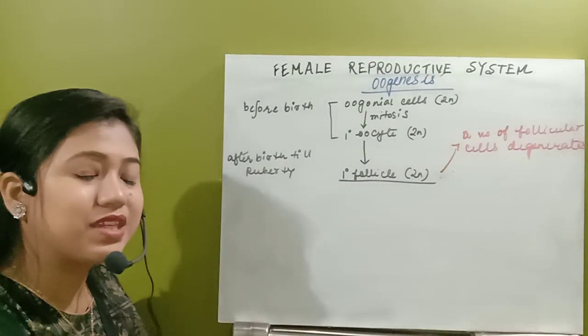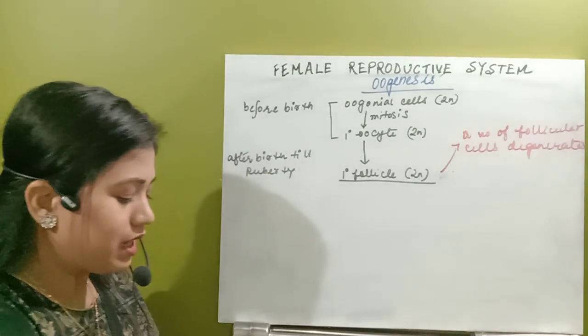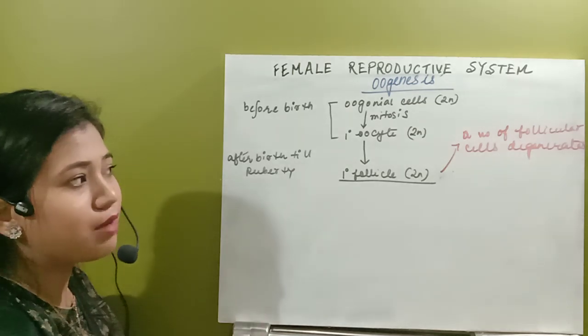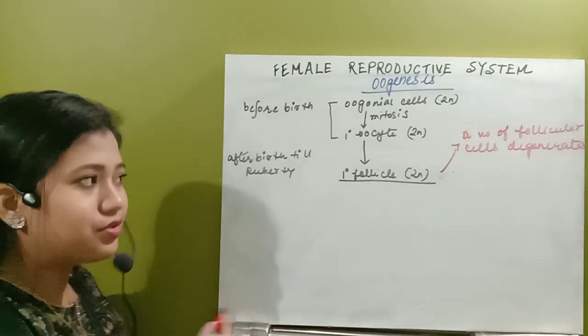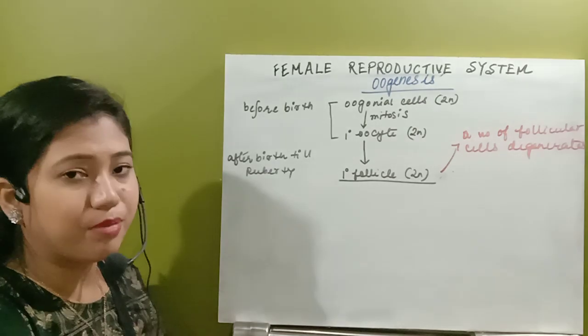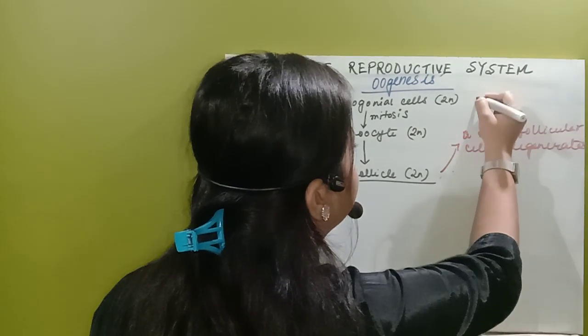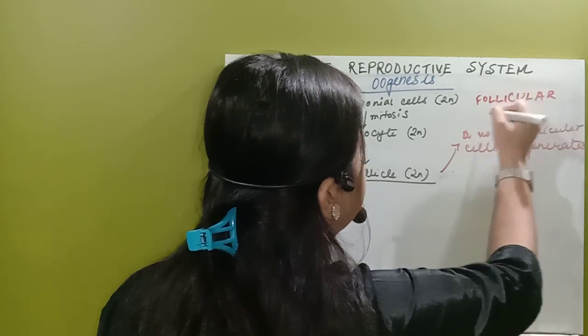The millions of cells will decrease to around 60,000 to 80,000. That process of degeneration of primary follicles from millions, after which we have only around 60,000 to 80,000 primary follicles inside the ovary, is known as follicular atresia.